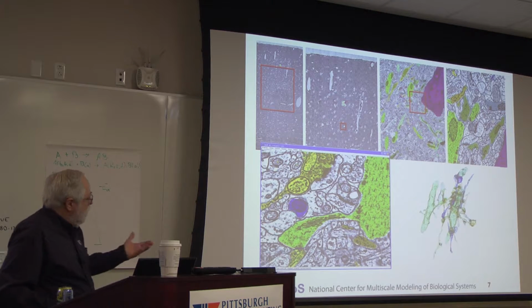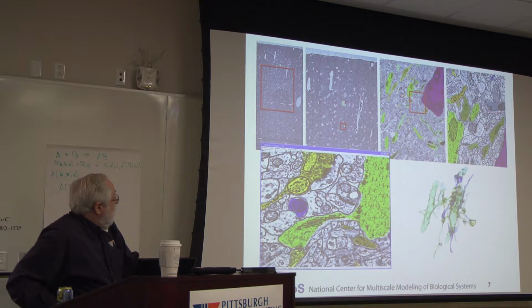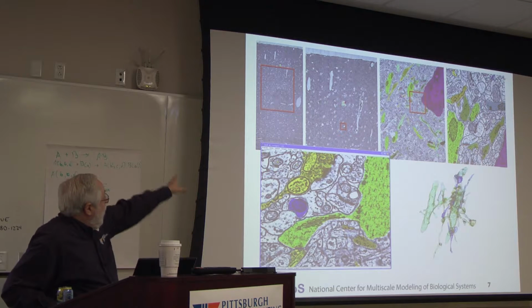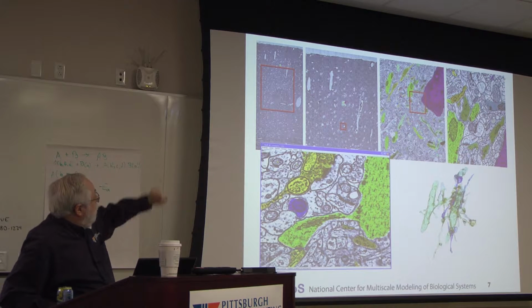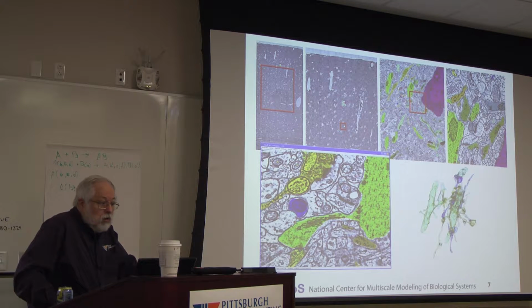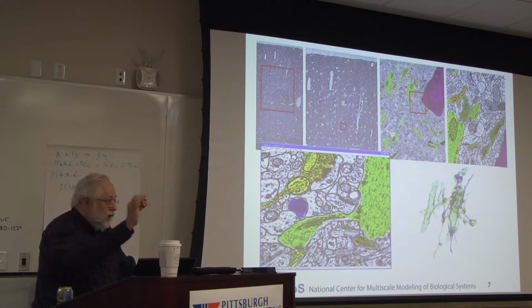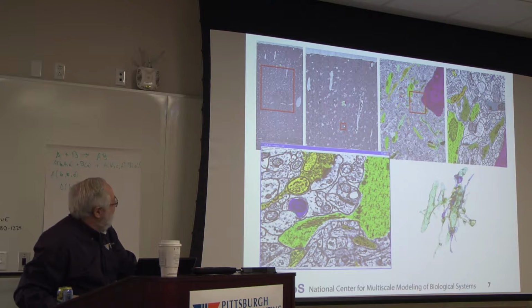And of course, we can look at this data at many levels of detail. At a very coarse level, the rectangle on the upper left is about 1.25 millimeters tall, and the big openings you can see are capillaries. The smaller of those capillaries are about 7 microns in diameter, just big enough for one red blood cell to go through single file.